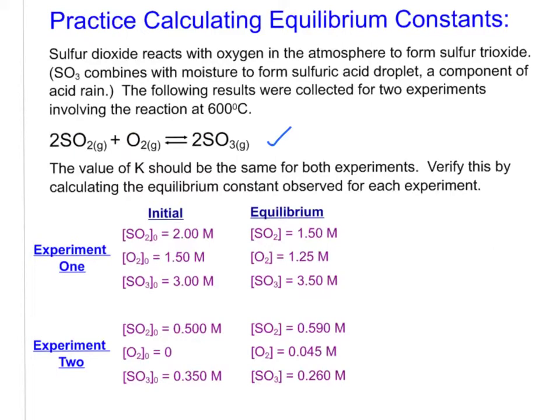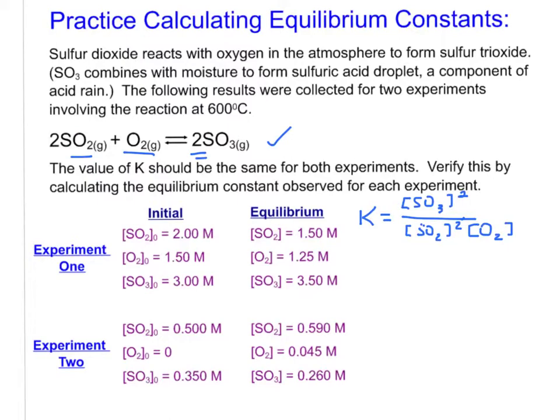Now, we're going to solve for K. Let's write our equilibrium expression. K is going to equal our product squared, because we have a coefficient of 2, divided by, here's a reactant, the concentration of SO2 squared, times the concentration of O2, oxygen.